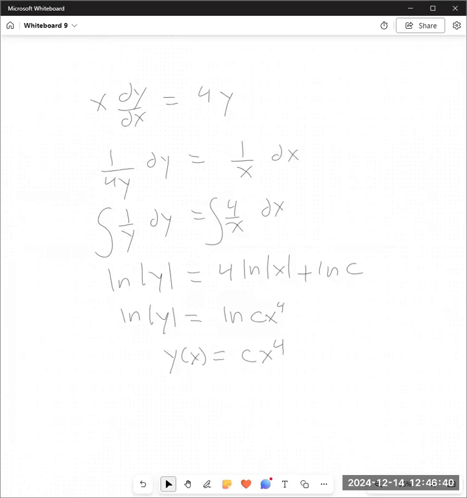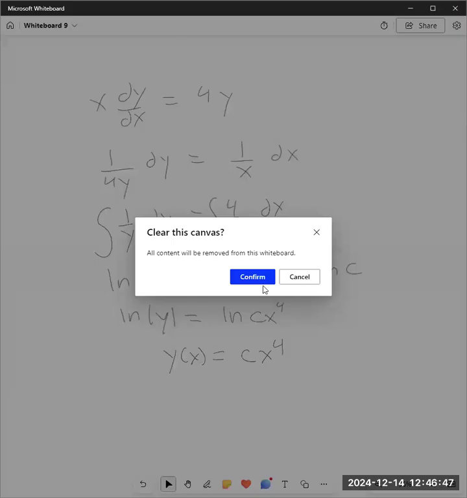Let me look for maybe one more example here with some trig in it. We'll have cosecant y dx plus secant squared x dy is equal to 0. So let's separate this.